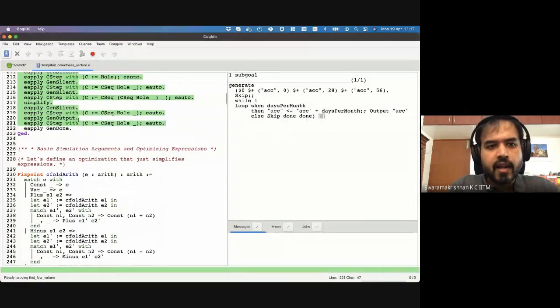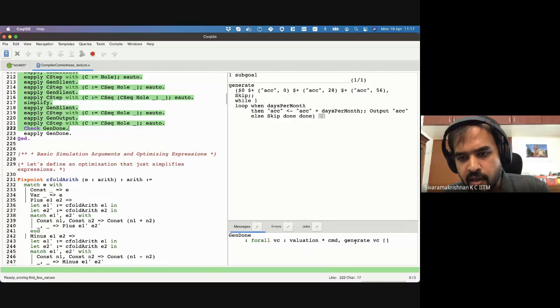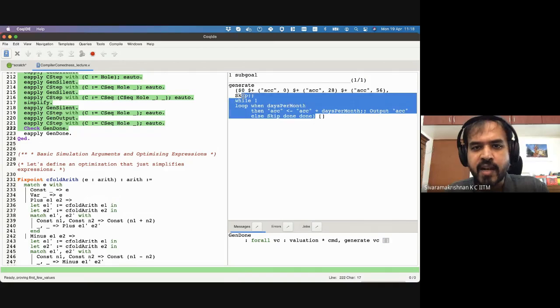So when you apply gen done, let's check gen done. If you look at gen done, for any valuation command, gen done matches with the empty trace, right? We have an empty trace here. We have some valuation command. I don't care about what it is.